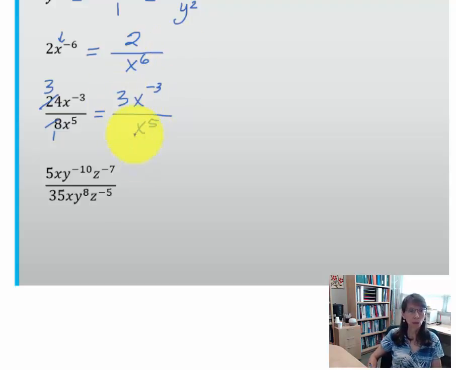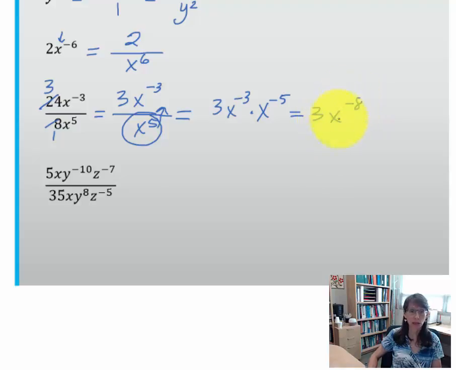So what I need to do here is, what we have been doing is shifting the denominator automatically, right? We've been shifting that base. So if I do that, I'll have 3x to the minus 3 multiplied by x to the minus 5, which is 3x to the minus 8.